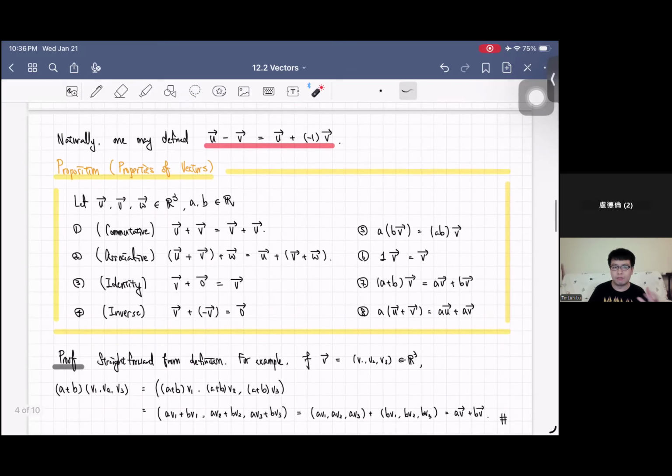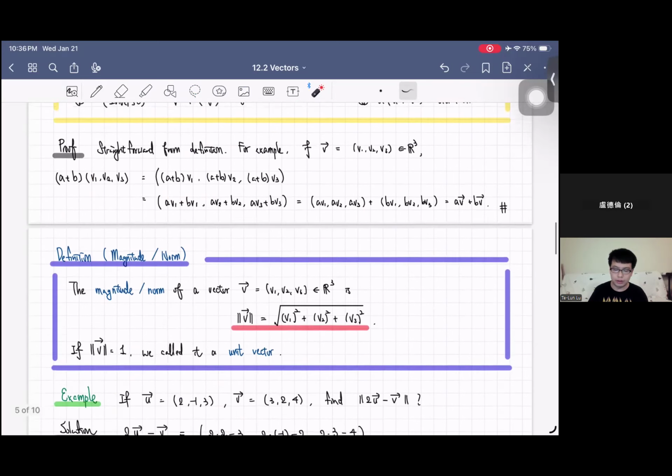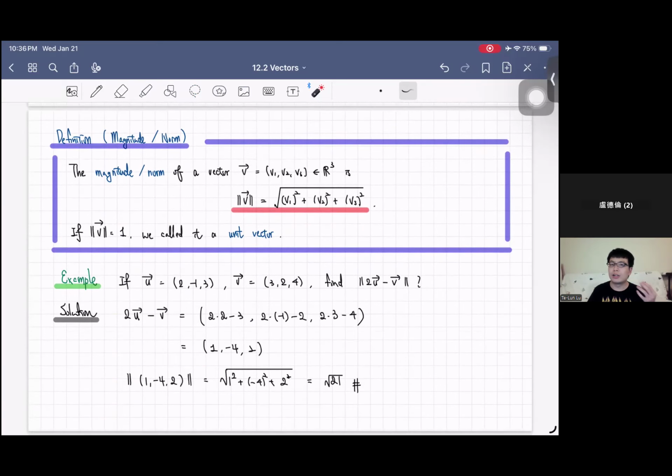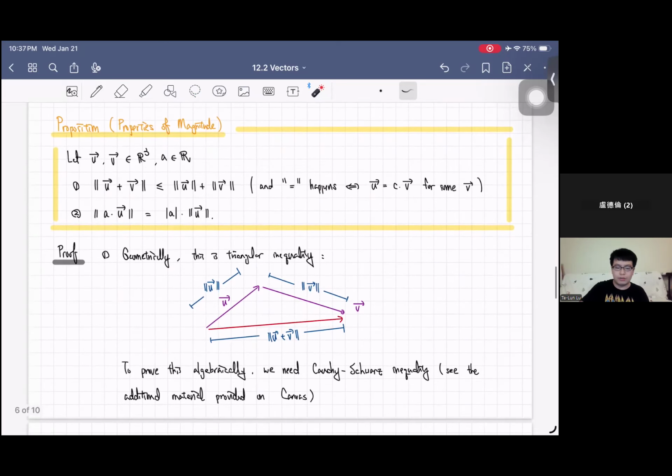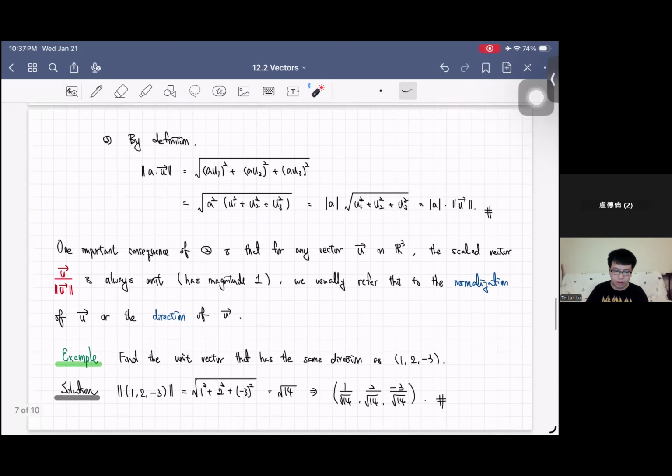We have some properties of vector addition and vector scalar multiplication, but those are really straightforward. And this is what I just mentioned. You can extract the information of magnitude from a vector through computing this Pythagorean thingy. And you have a really nice property, which is that whenever you are scaling a vector, the magnitude of that scaled vector will be equal to the magnitude of the vector scaled with the same thing, taking absolute value.